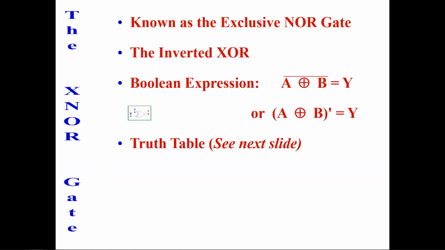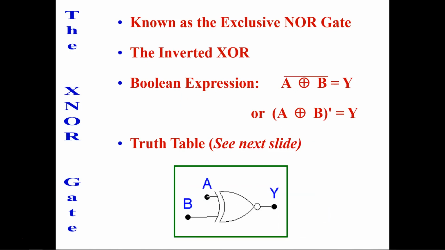Now next we have the XNOR gate. XNOR gate stands for exclusive NOR gate, and it is the inversion, or you can say the inverted XOR gate. So we remember this is the expression for XOR gate: A XOR B is equal to Y. With the addition of the complement, it will make up the inverted XOR gate or exclusive NOR gate, and this is another way to represent that.